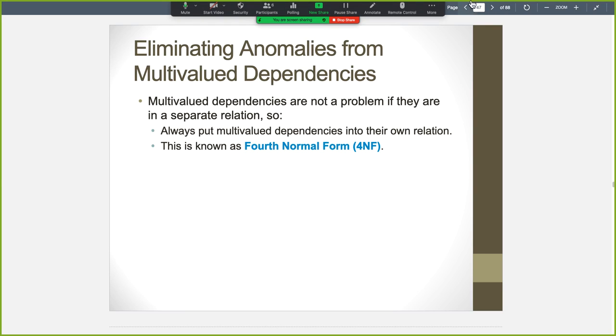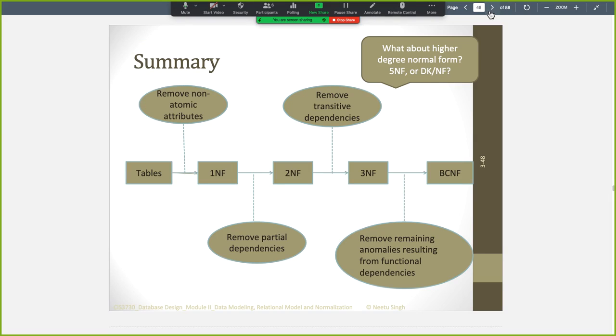Once you reach fourth normal form, as we talked about, you pretty much satisfy relational database design. So this is a summary: you can go from table to first normal form, second normal form, third normal form, BCNF, and finally reach fourth normal form. And fifth, DKNF, we are not going to be talking about.